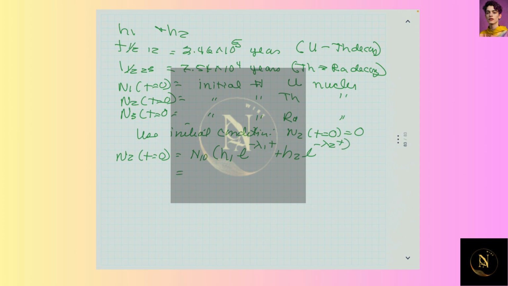And this will equal, and then I'm going to have, since this is 0, this will be h1 e to the 0 plus h2 e to the 0, and that will equal n10 times h1 plus h2.